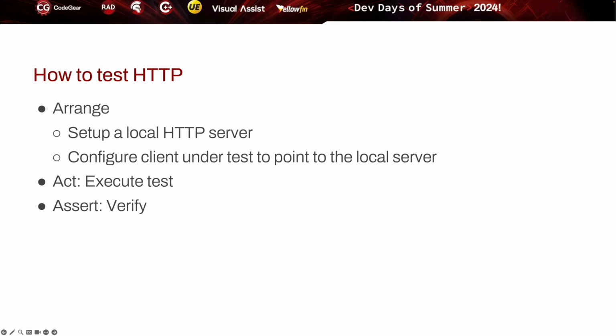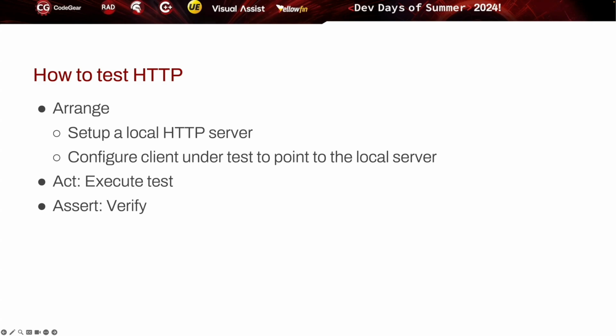And then we configure the client under test to point to that local server. Obviously, there's no point in setting up an HTTP server if you can't point your code to run against it. So that's what you need to do if you want to test HTTP clients in this fashion.